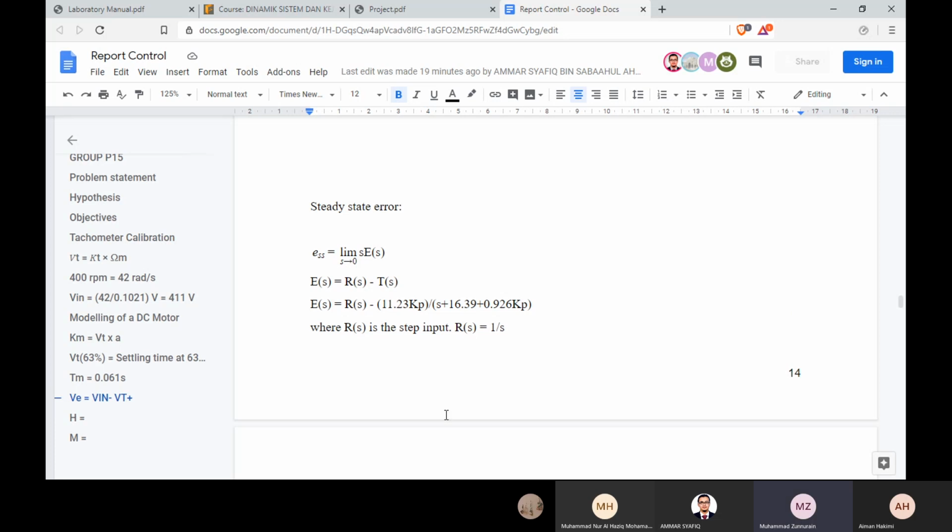The steady state error is given by the equation ESS equal to the limit of S times ES, where ES is equal to RS minus TS, and RS is the step input.